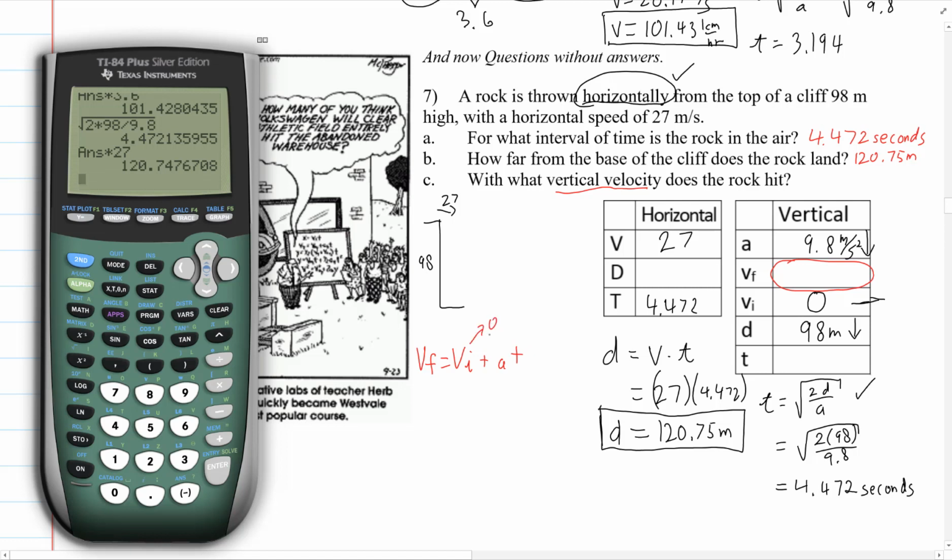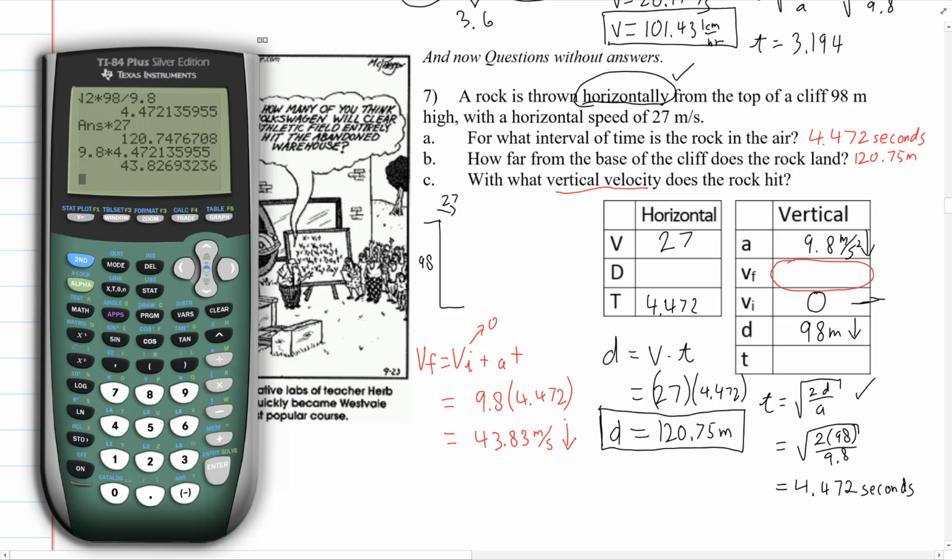Because VI is 0, VF is going to be AT: 9.8 times this time of 4.472, and we get 43.83 meters per second, and it's down.